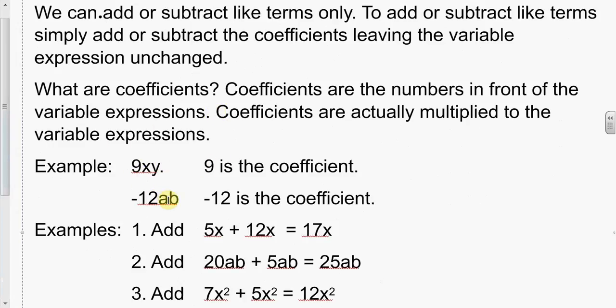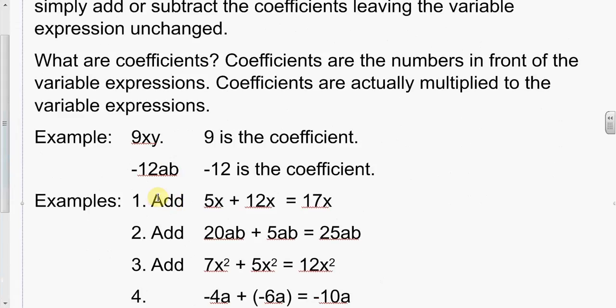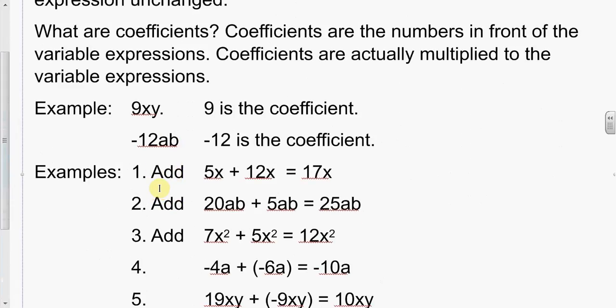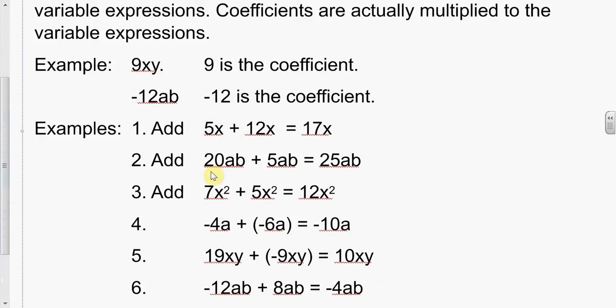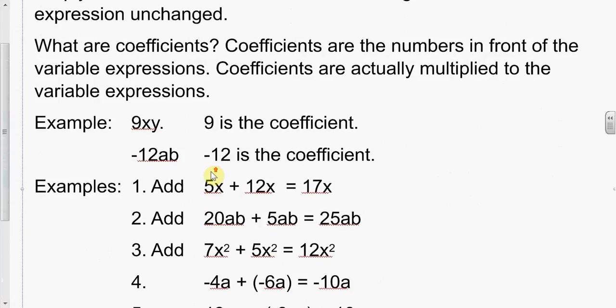Negative 12ab, negative 12 is the coefficient. So now to add or subtract monomials, whatever the sign may be, they must have the same verbal expression. If they have the same verbal expression, then we simply add or subtract the coefficients, leaving the verbal expression unchanged.